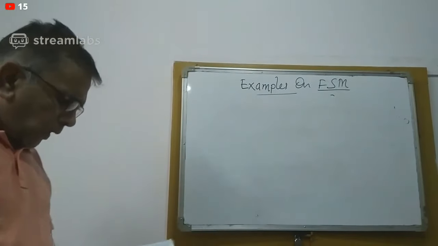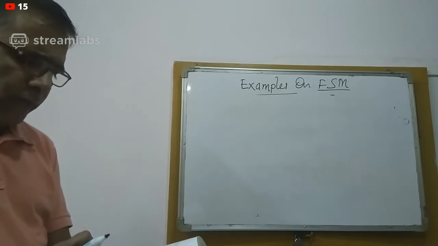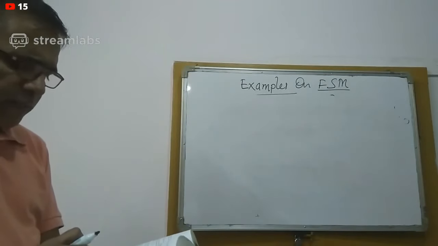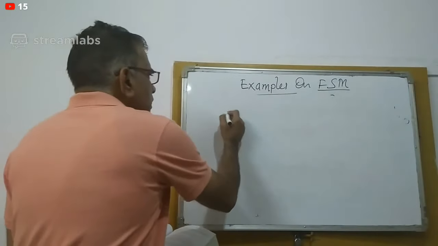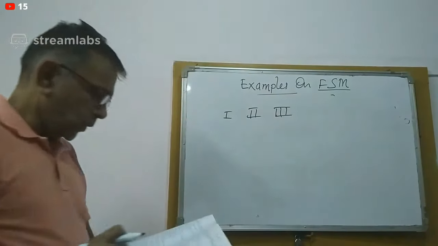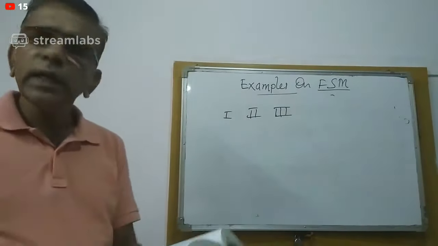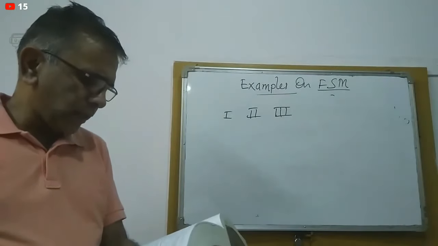According to this problem, using the following specifications, draw the FSM with 3 states: state 1, state 2 and state 3, and 5 events and 6 actions. There are totally 5 events and 6 actions.